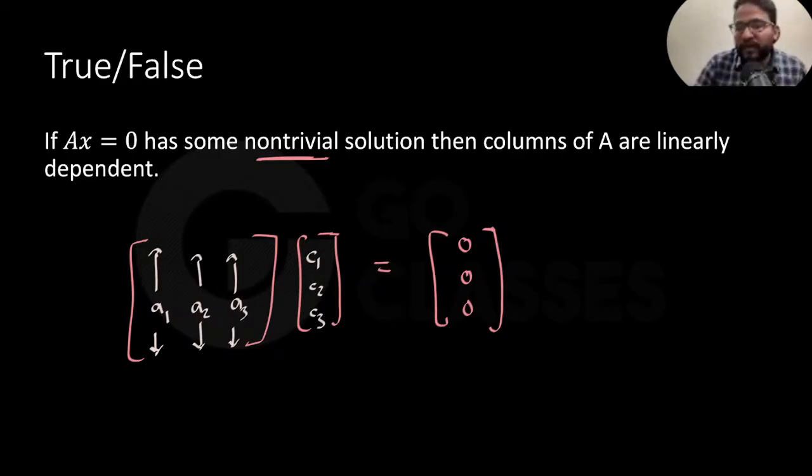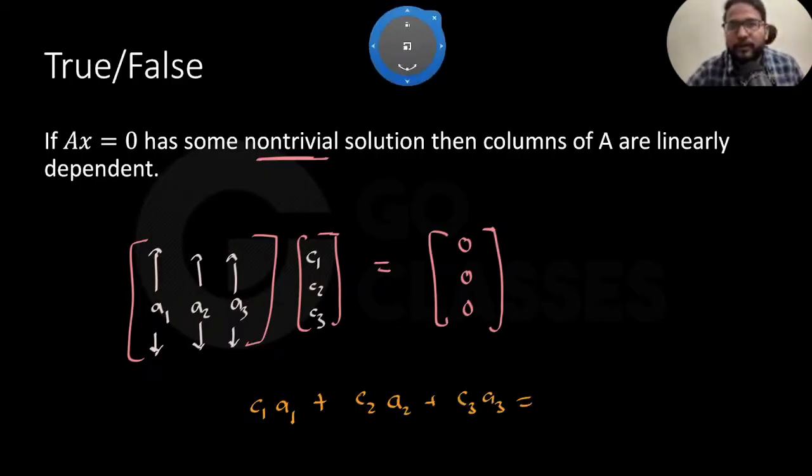Now, the way we have multiplied, you need to take the linear combination of a1, a2, a3 and the coefficients will come from here. Can I say c1 a1 plus c2 a2 plus c3 a3 is equal to this vector 0? Let me go to the next page.